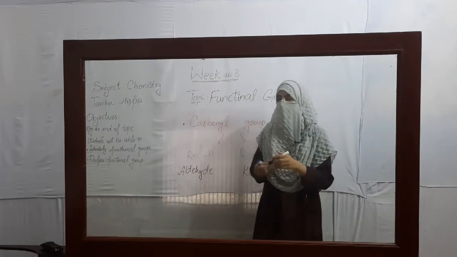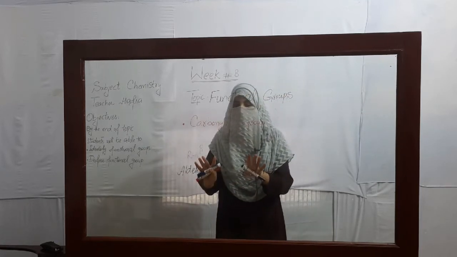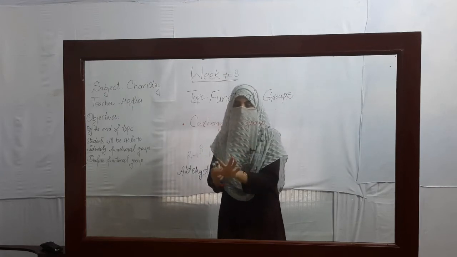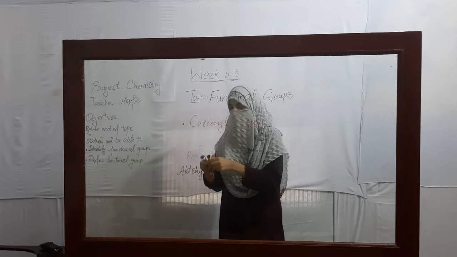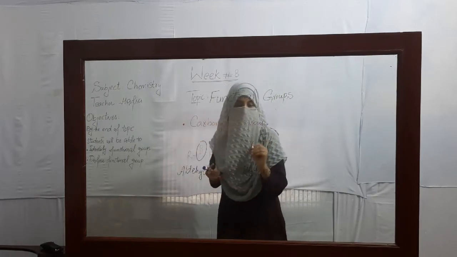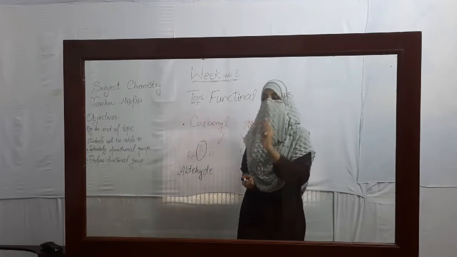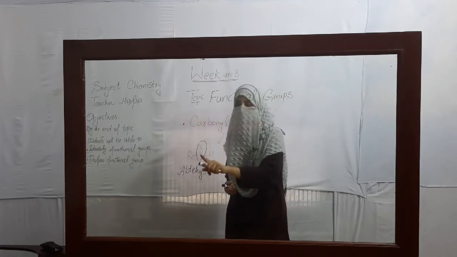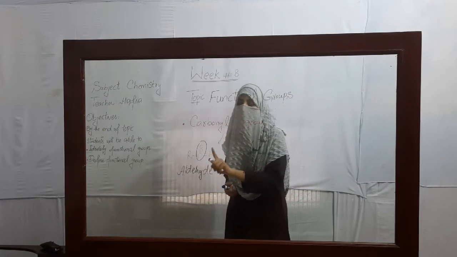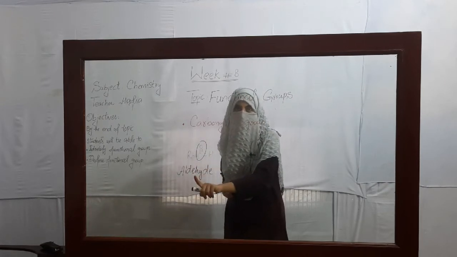Students, if you observe these two structures, you will be able to differentiate between them. Here the main carbonyl group is that group. If at one end of the carbonyl group is an alkyl group and at the other end is a hydrogen atom, then it will be named an aldehyde.